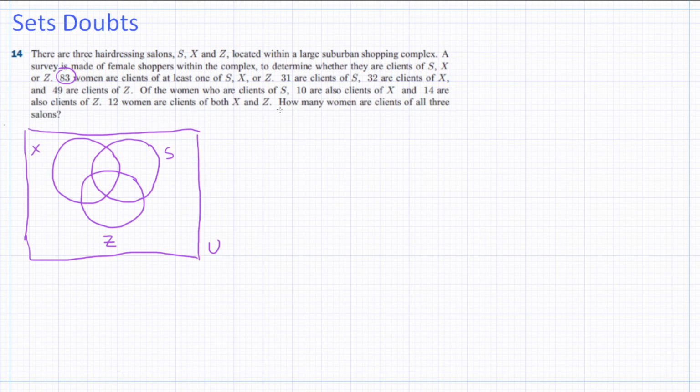Now the question is asking us for how many women are clients of all 3 saloons. So all 3 saloons would be the intersection of all of them, here in the middle. Since this is an unknown, I don't know the value, I can just assign a value, lowercase x.